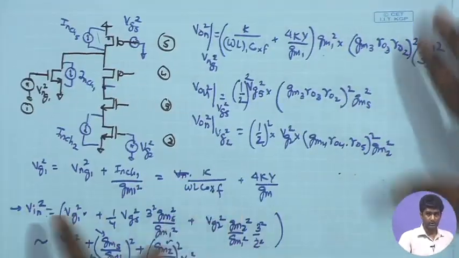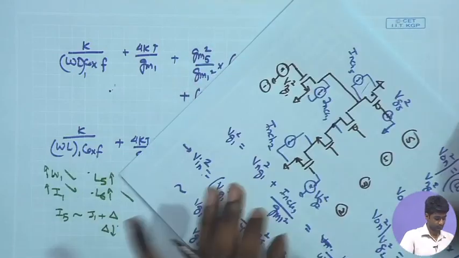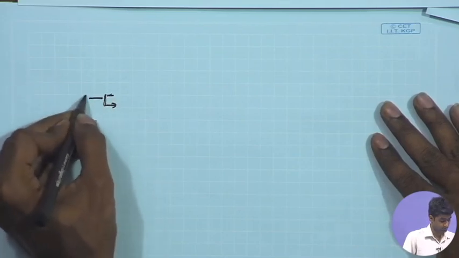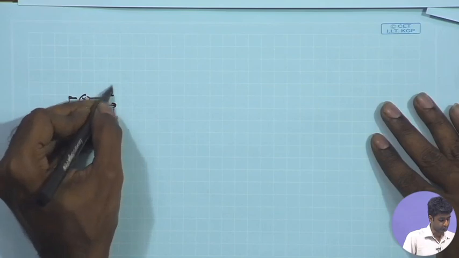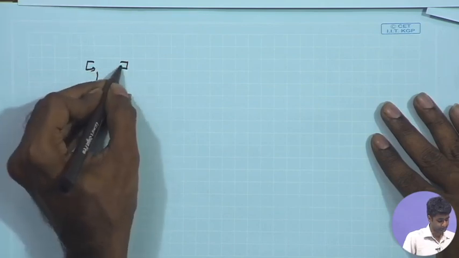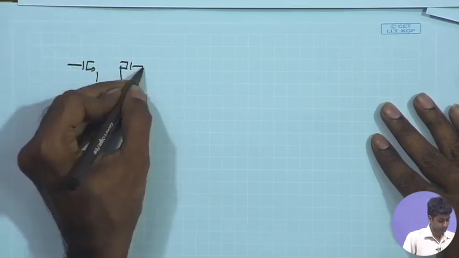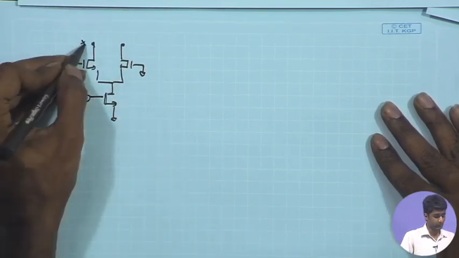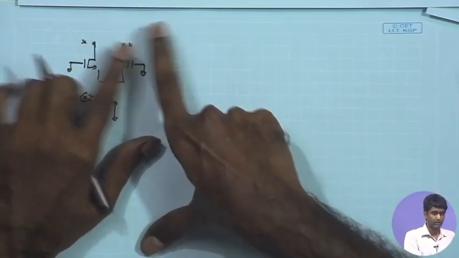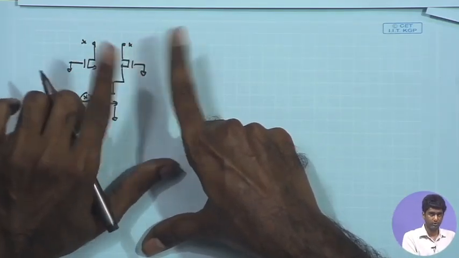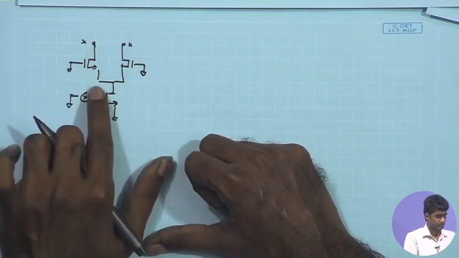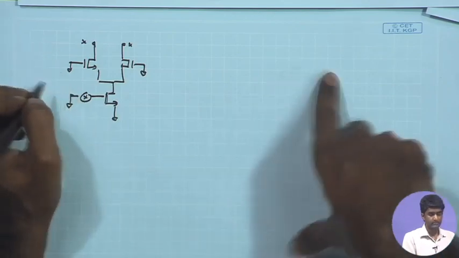So if you're looking at the tail current source, whatever noise is produced by the tail current source is going up the two paths, and is going to result in equivalent voltages at both the nodes, and in a fully differential operation it will be cancelled out. Therefore, we do not worry so much about the tail current noise contribution. So this is one point that we need to keep in mind.